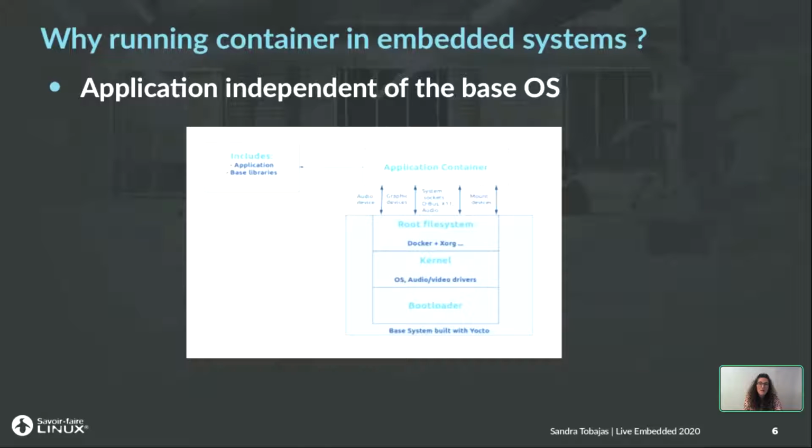Most of the time, customers come with their own applicative stacks. For example, one of them had a Qt HMI application based on Ubuntu, and the other had a swarm of services acting as a web server and was based on an Arch Linux distribution. So, the main goal of the containerization is to decouple the application from the base operating system.